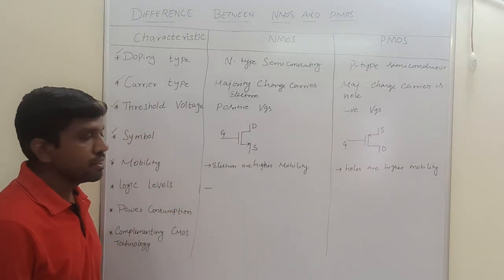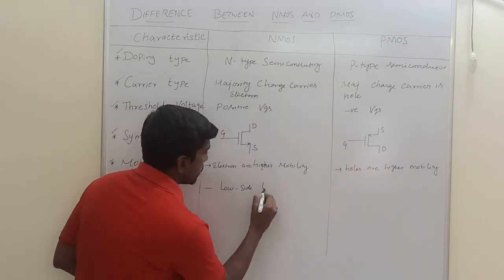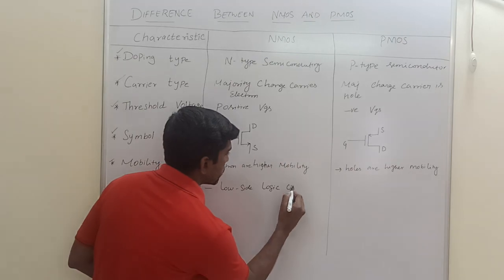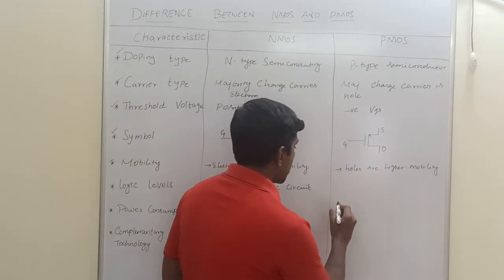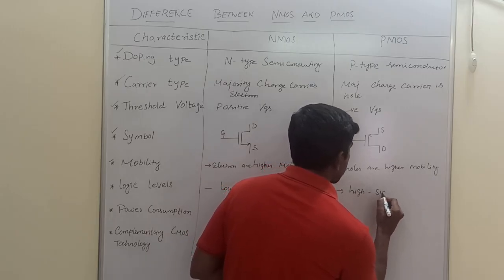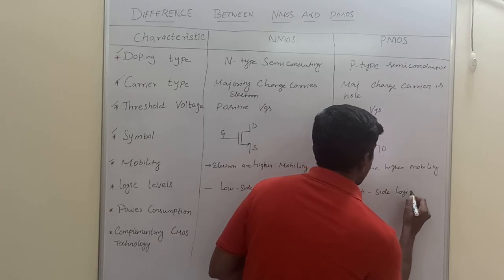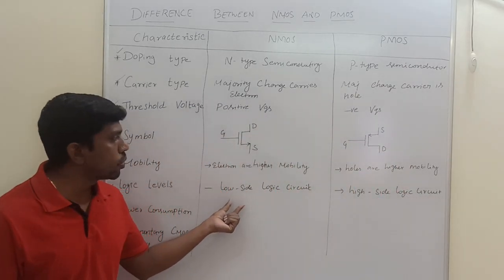NMOS transistor is a low side logic circuit. PMOS is a high side logic circuit. So what is a low side logic circuit?